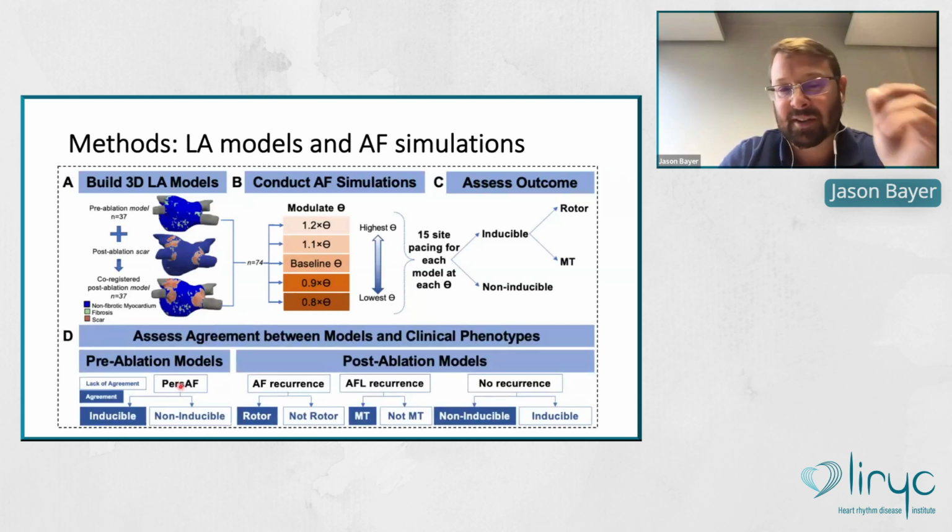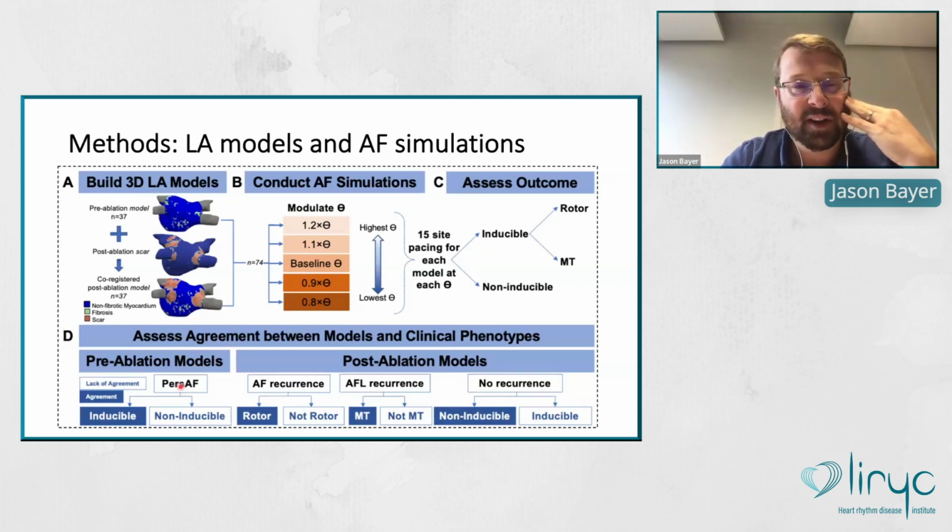And then the last part of the study is they say, okay, well, if we do this in the model, we have this big kind of parameter search that we've done, and we've done these different types of models for inducibility, and then they wanted to compare them with the patient data. So they knew the outcome of the arrhythmia after the ablation procedure, as well as they knew the behavior of the inducibility from the pre-ablation EP studies.